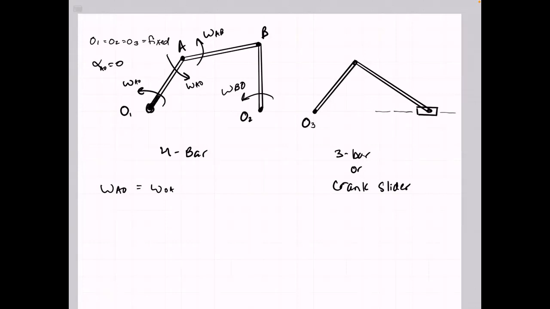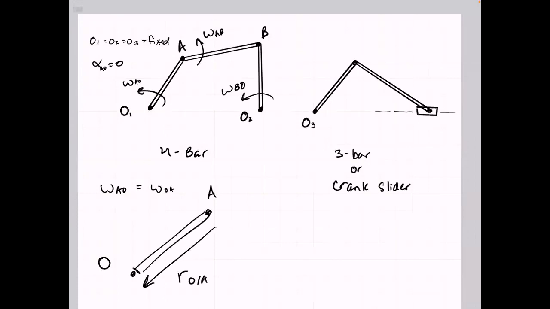The length of this bar is the same. So if I was to separate the bar down here and say that this is A and this is O, and look at our O with respect to A or our A with respect to O. Well, let's look at our O with respect to A first.